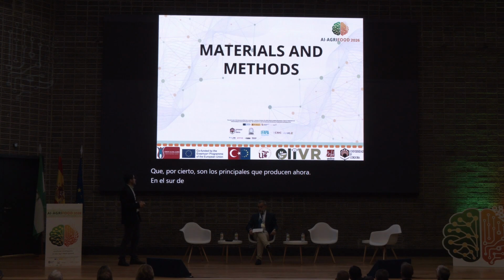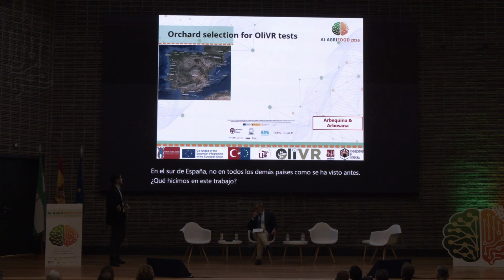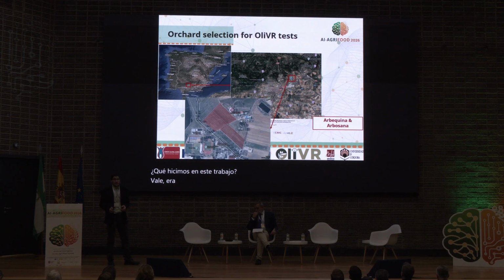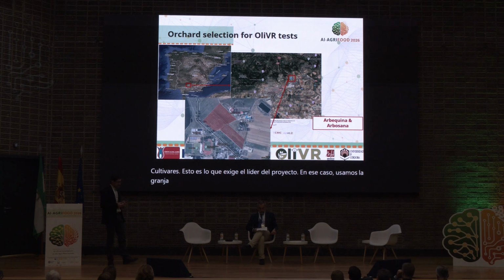What we did in this work was to select some trees, Arbequina and Arbosana cultivars. This is required by the project leader. In that case, we use the Rabanales experimental farm and the different varieties that we have in this farm.